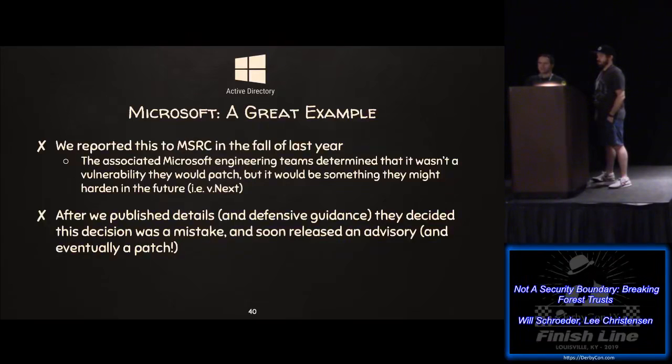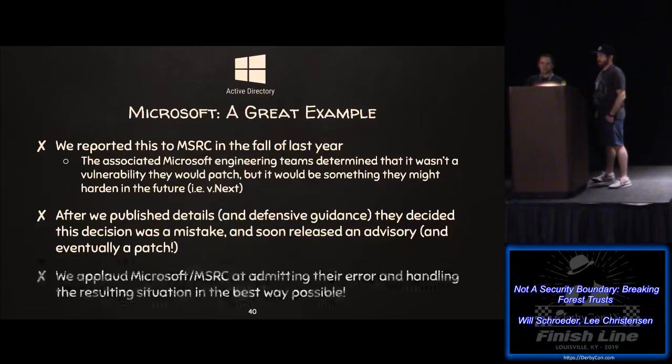So we published this along with some really great defensive guidance. And sure enough, they decided it was a mistake at that point. Soon after that, an advisory was released talking about the issue that was at play here. And months later, in March, a patch was finally released.